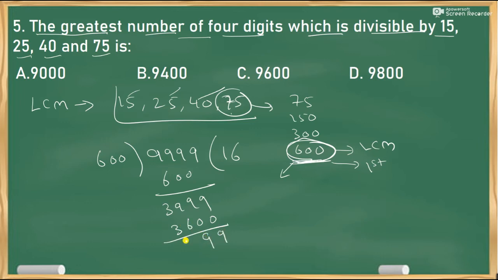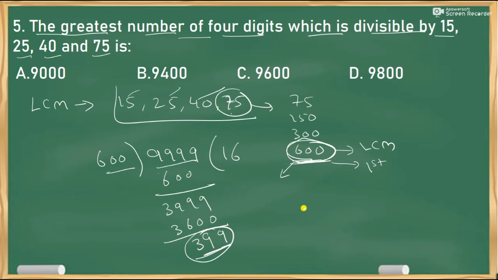So 399 remains. Now what is happening here? 399 is the extra value that is stopping 600 from dividing the highest 4-digit number. I'll repeat again. 399 is the extra value that is stopping 600 from dividing 9999.